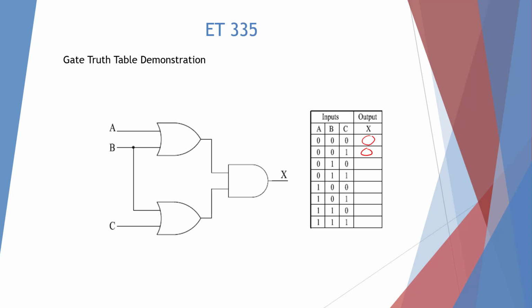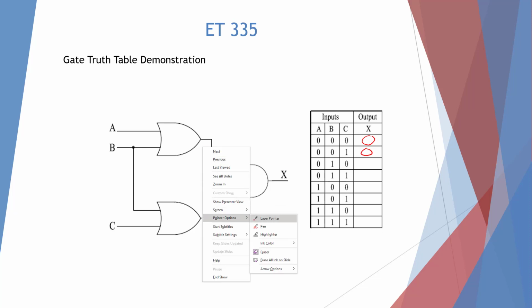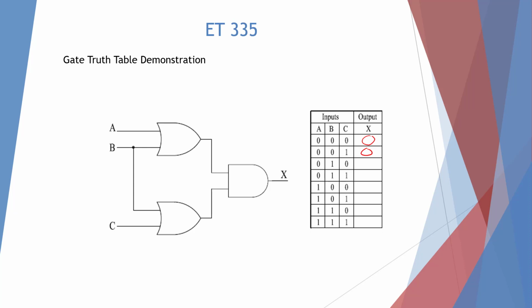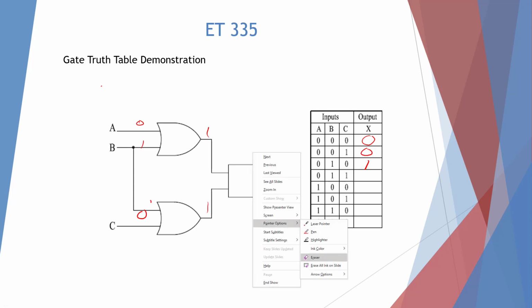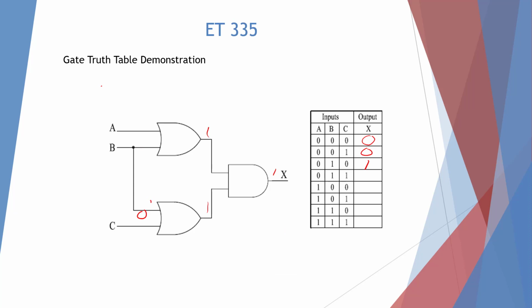Bring about our magic eraser, go back to the pen. So the next one would be a 0, 1, 0. That's a 1, 1, 1, 1. Magic eraser. Okay, then we're going to use a 0, 1, 1.